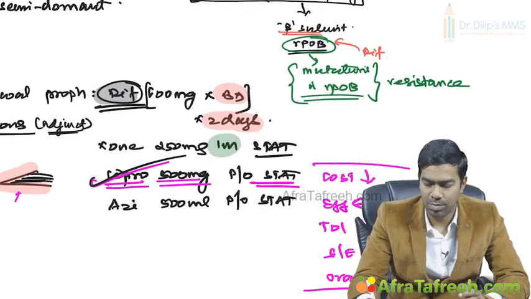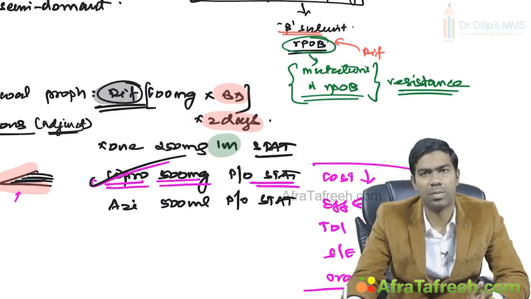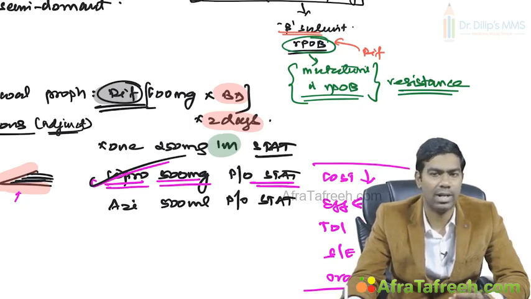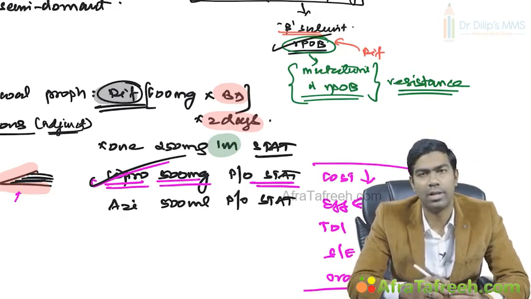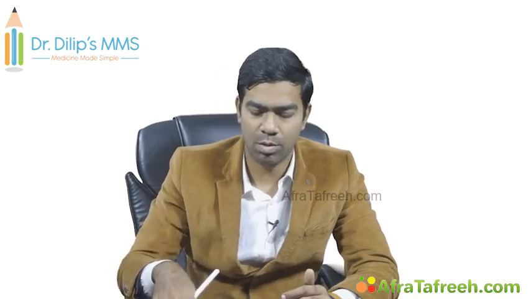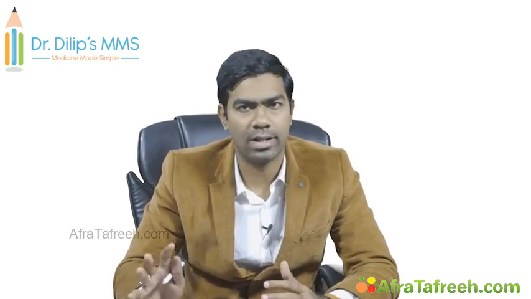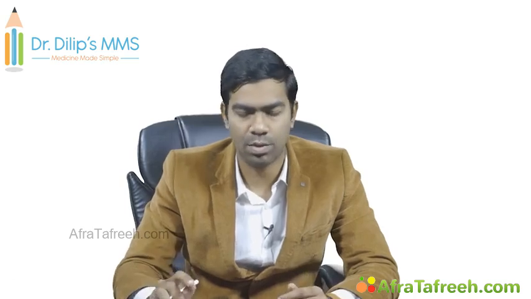Mutations in the RPOB gene make a different, mutated protein that may not bind with rifampicin, so that rifampicin action may no longer be exerted. So this is one of the reasons why you get resistance with rifampicin: mutation in the RPOB gene. Very, very important to understand. Clear? I'll compile all the data at the end, but right now understand that RPOB gene mutation is important for rifampicin resistance.